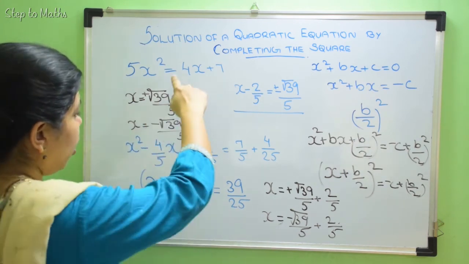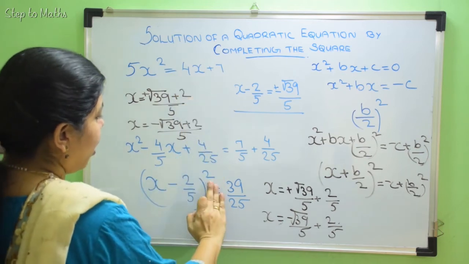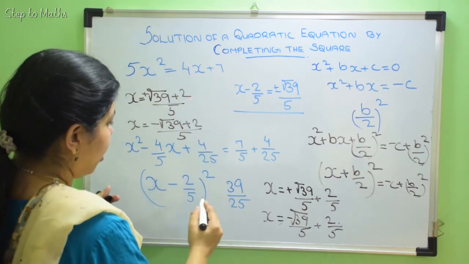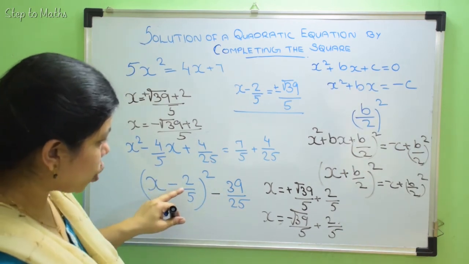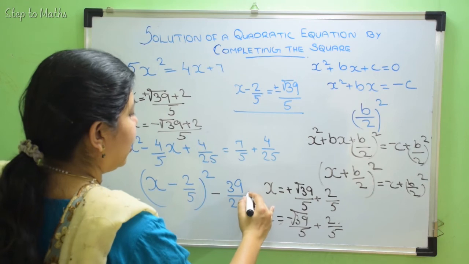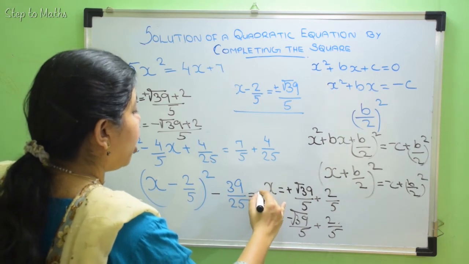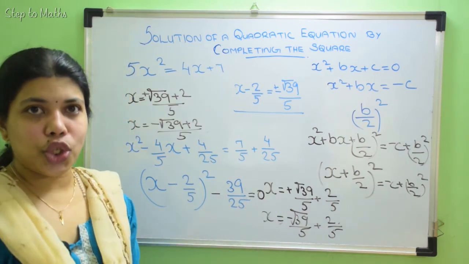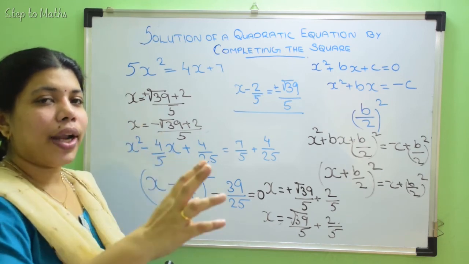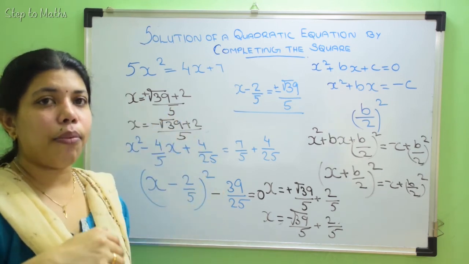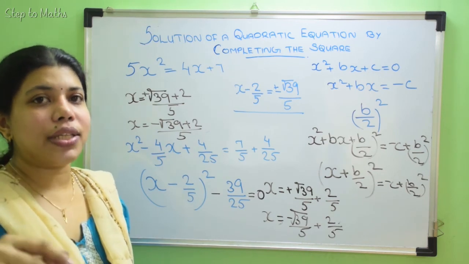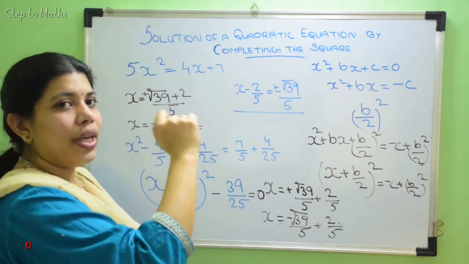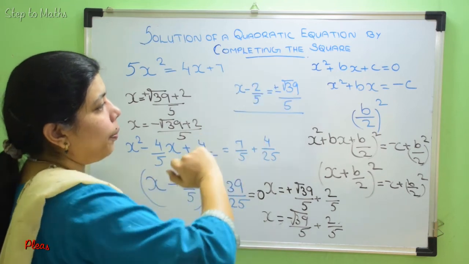The given quadratic equation can be rewritten in the form of x minus 2 by 5 square minus 39 by 25 is equal to 0. The given quadratic equation is converted into the form of x plus a the whole square minus b square is equal to 0. What is the method of completing the square?